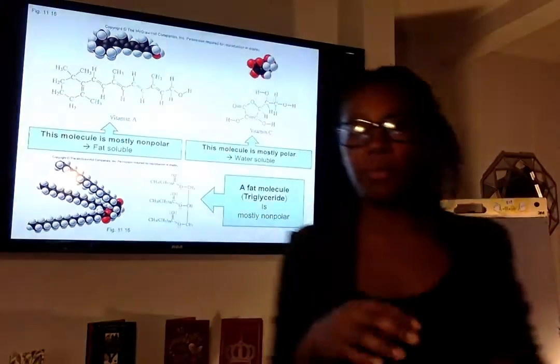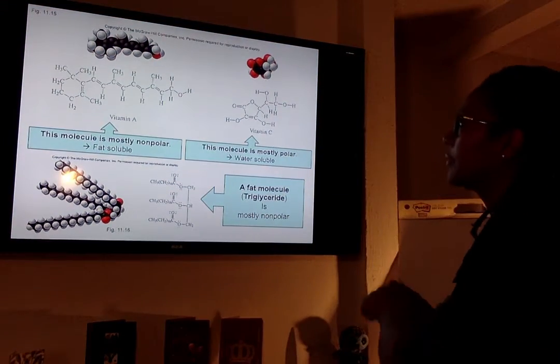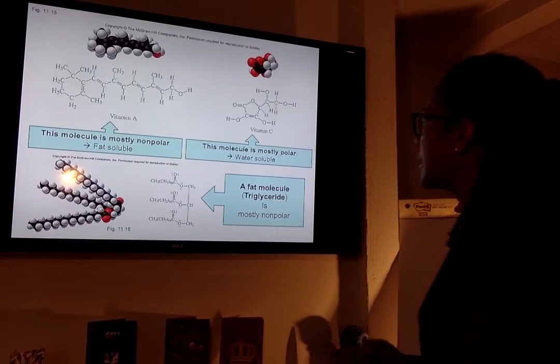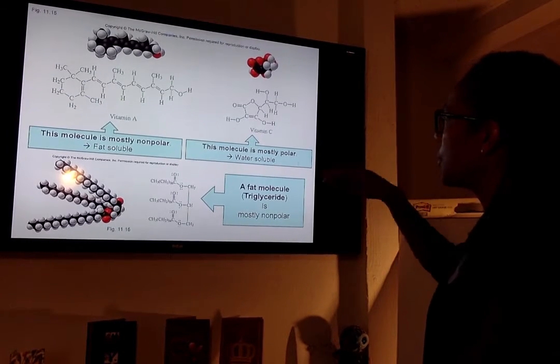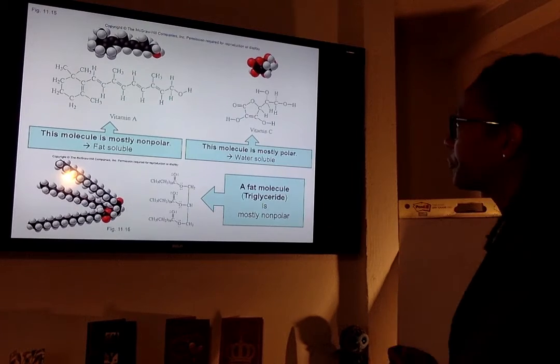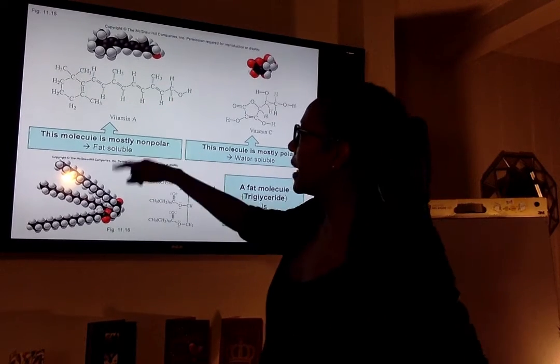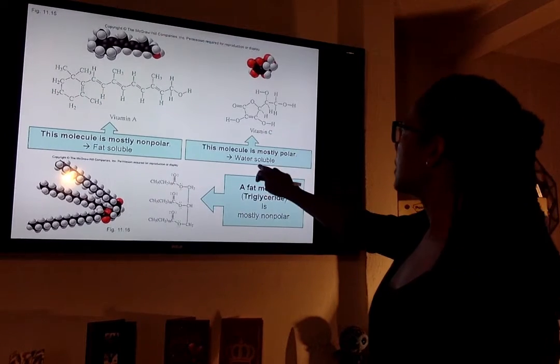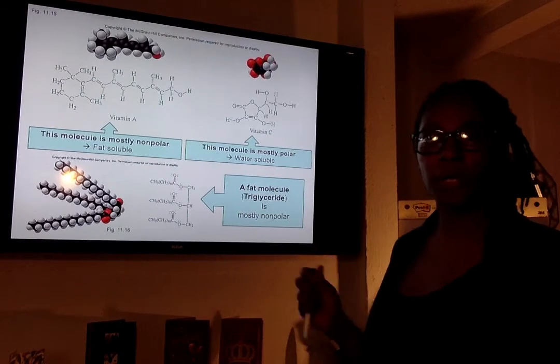Okay, here's another breakdown, of water soluble and fat soluble. Here, this is vitamin A. This is mostly nonpolar. This is vitamin C. This is mostly polar.